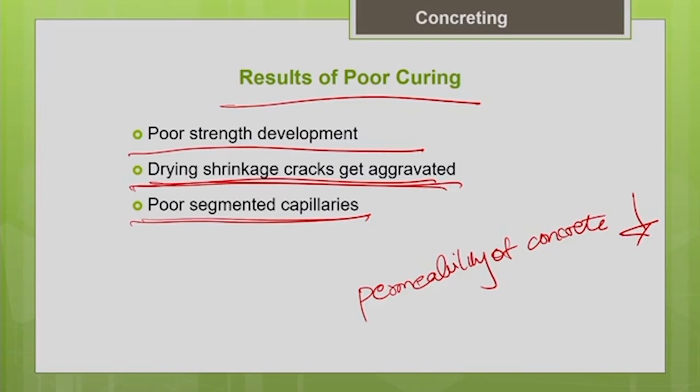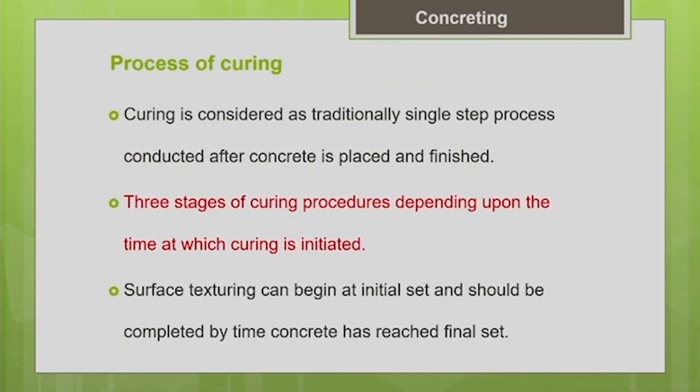So, the results of poor curing are poor strength, poor durability, and even the dimensional stability of the concrete is affected. It results in shrinkage cracks also. Basically, the process of curing was traditionally considered a single step.